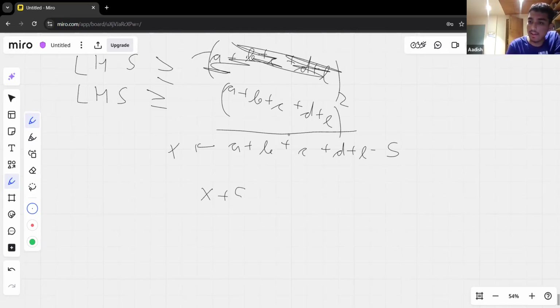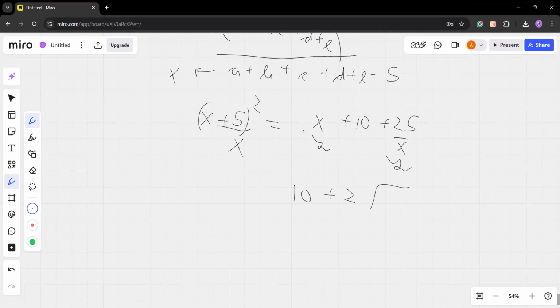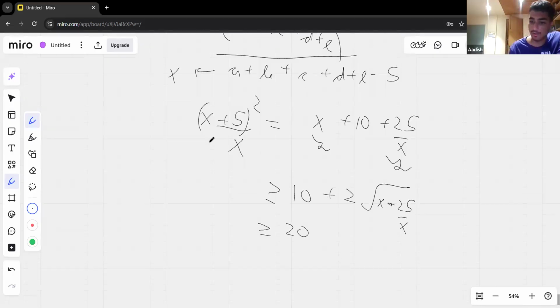The numerator is then x plus 5 squared, which is equal to x plus 10 plus 25 by x. And apply AM-GM on x and 25 by x. You'll get this is greater than or equal to 10 plus 2 times... Okay, people who are listening, is this clear to everyone?